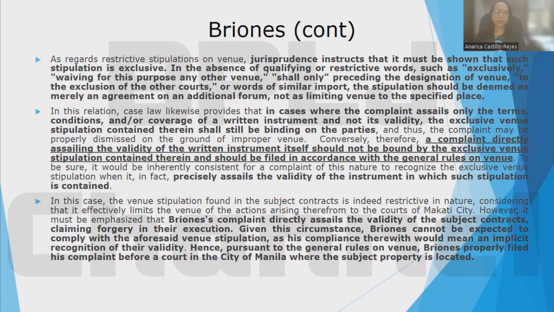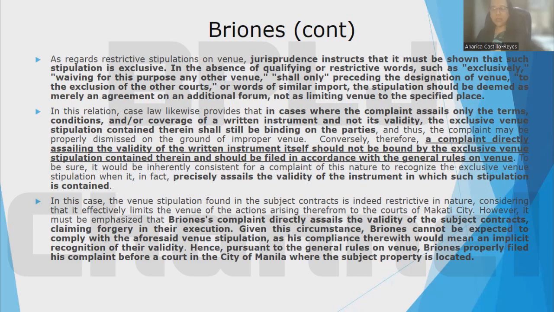However, a complaint directly assailing the validity of the written instrument should not be bound by the exclusive venue stipulation, and should be filed in accordance with the general rules on venue. So in this case, Briones' complaint directly challenges the validity of the contracts, claiming forgery.